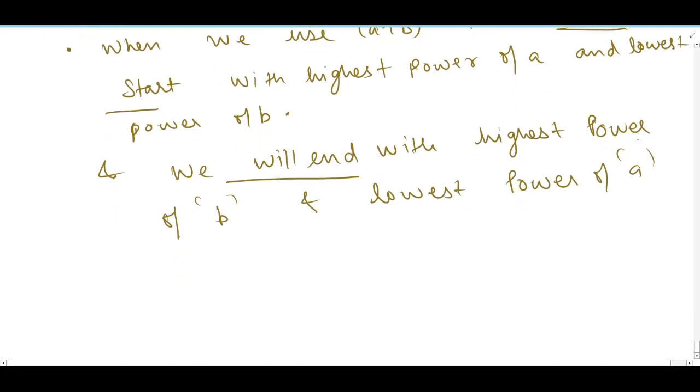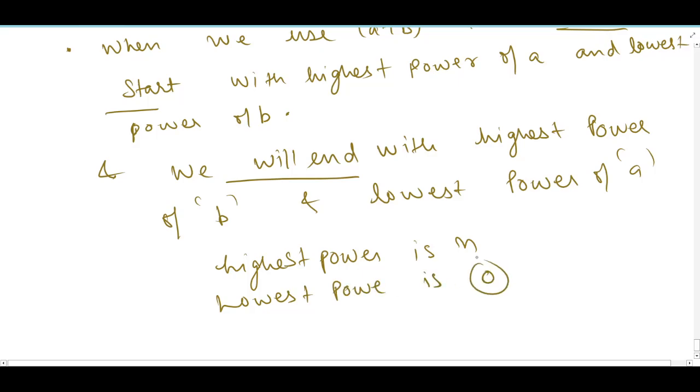So what are the highest and lowest powers? The highest power is n and the lowest power is 0.